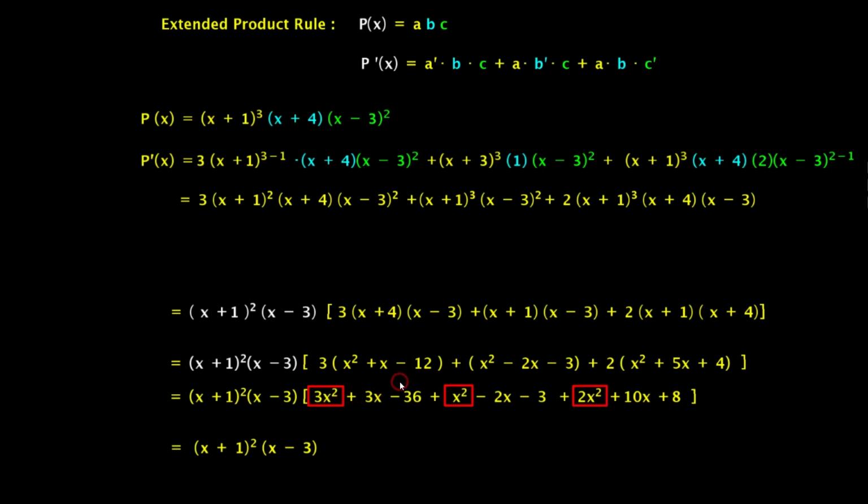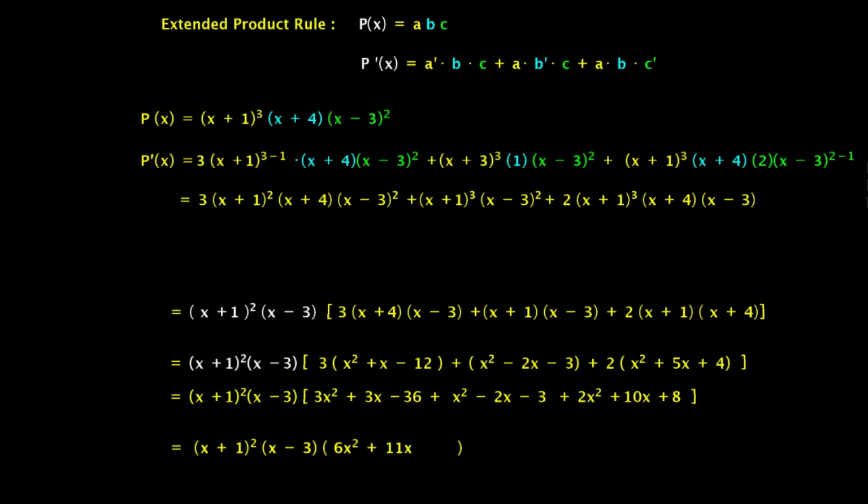The 3x squared plus the 1x squared plus the 2x squared is 6x squared. Then the next values are the x terms, 3x, 2x negative, and there is a 10x positive. So 3x minus 2x is 1x, 1x plus the 10x. The simplified version is 11x.